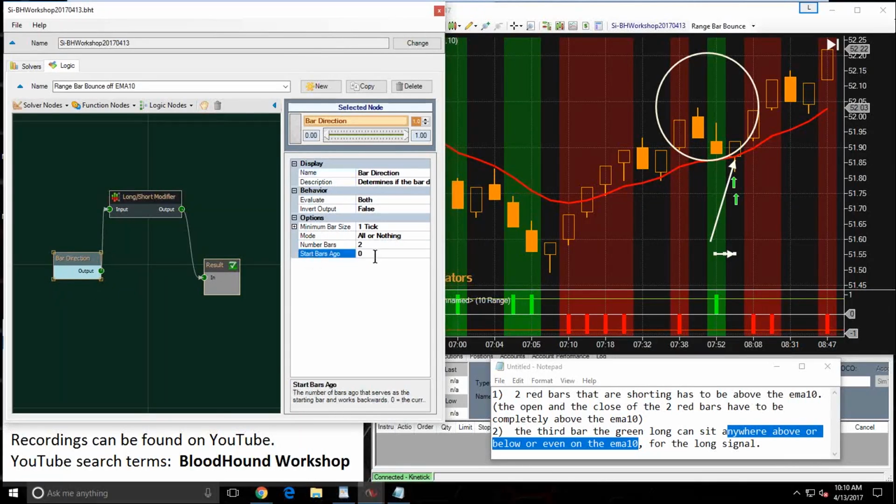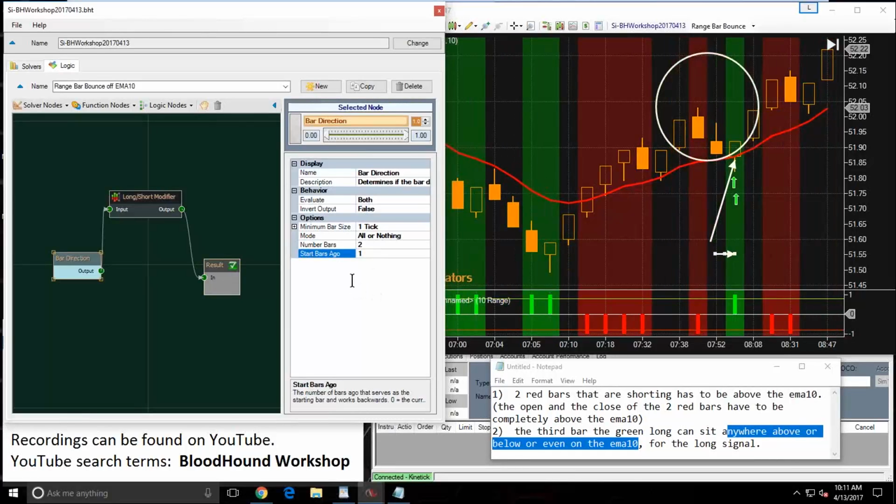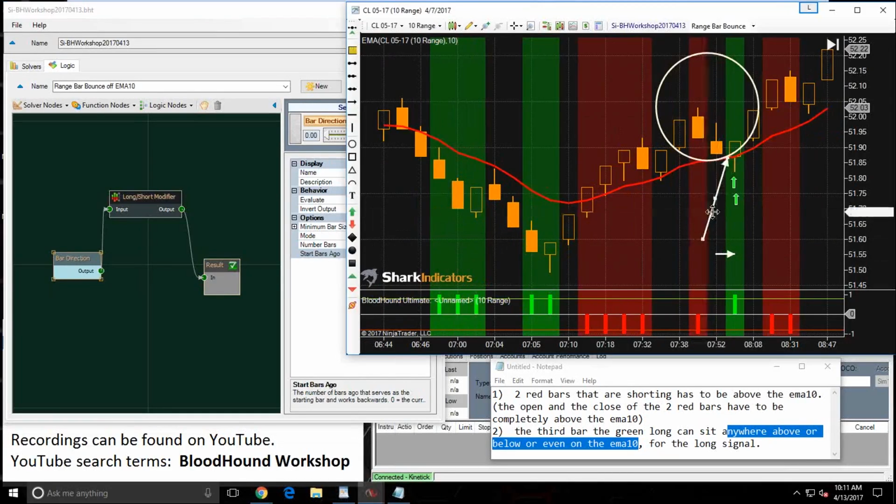You see it has this start bars ago. It's kind of the same thing as a displacement. Functionally it's going to do the same thing. If we set that to 1, it's like setting a displacement. And you can see now the long output is sitting on our reversal bar here.